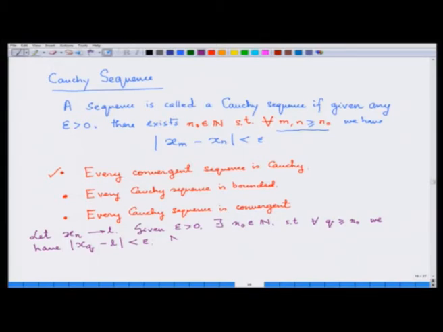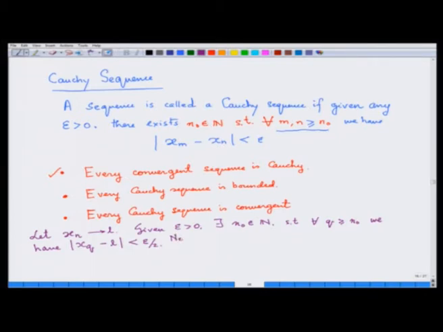Or, to make it a little better, I will take epsilon by 2. If I have epsilon greater than 0, then I also have epsilon by 2 greater than 0, so for that epsilon by 2 there would exist some n naught such that this would happen. So, this is true.